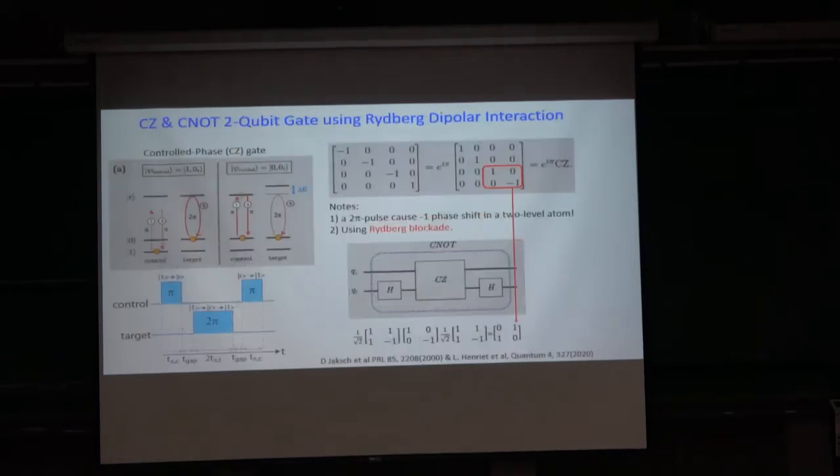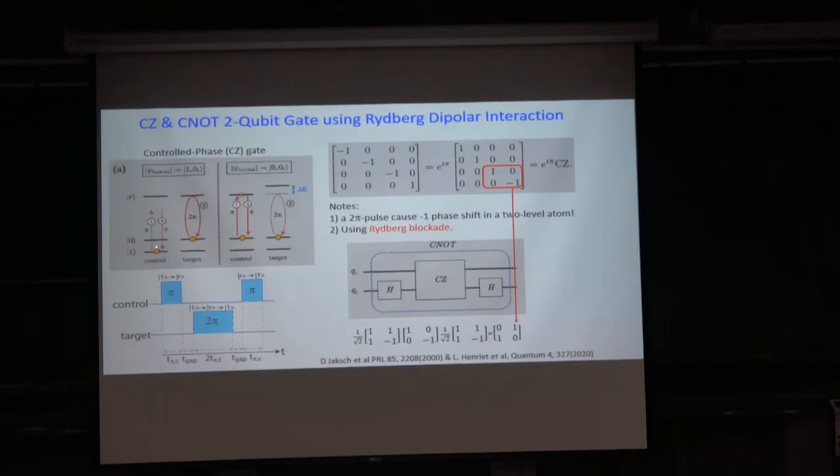And in quantum gates, the controlled phase gate for quantum computing, we need to take advantage of this Rydberg blockade. The basic scheme is like this. You can prepare an atom in state 0 or 1. For alkali atoms, that can be a hyperfine state.